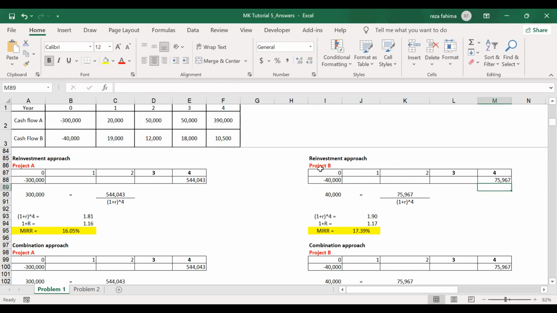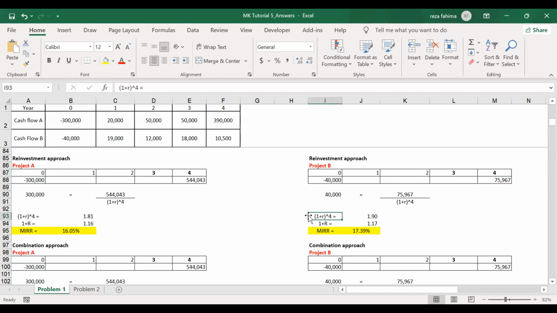Then we get the modified cash flow for project B using the reinvestment approach, which equals 75,967, and we have to make it equal again. The initial investment equals the modified cash flows for project B divided by 1 plus r, the MIRR we are looking for, to the power of 4, since the investment period is 4 years.